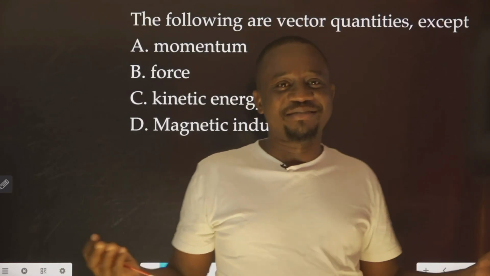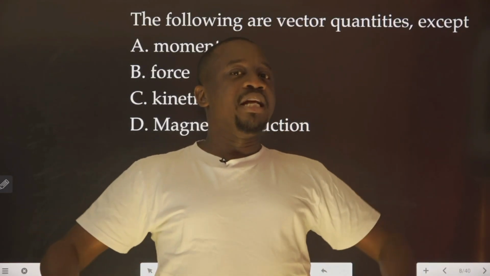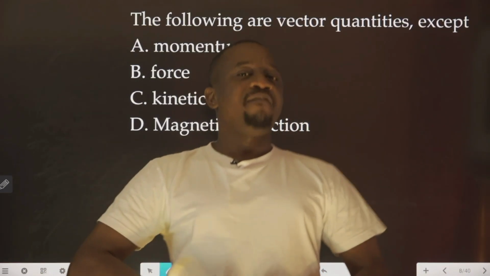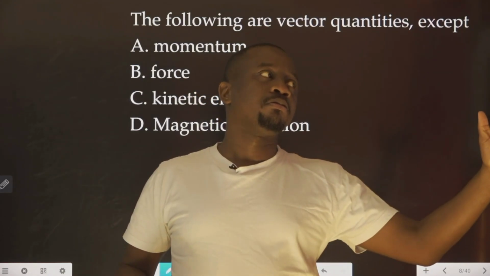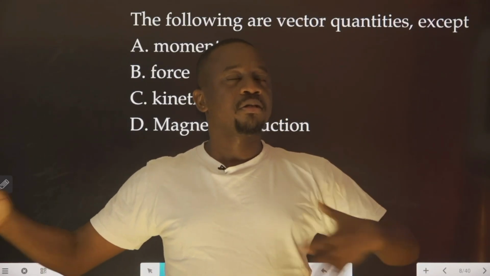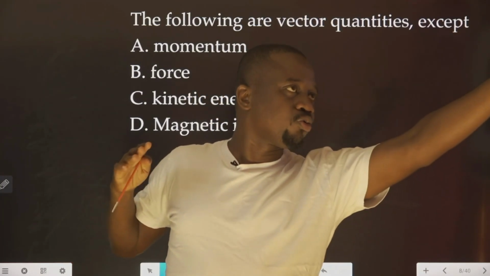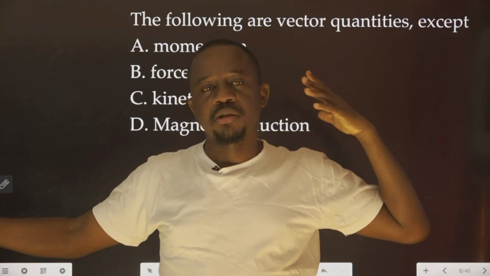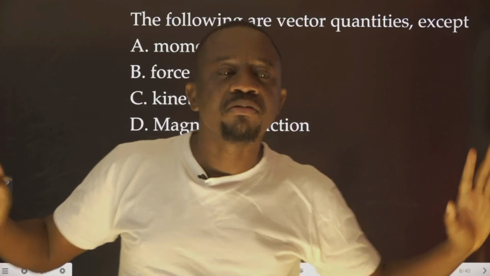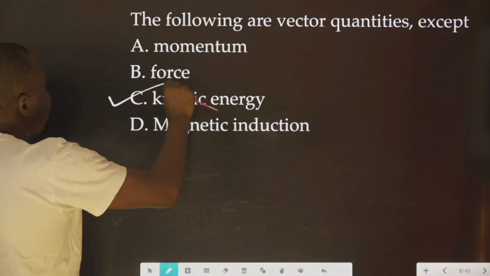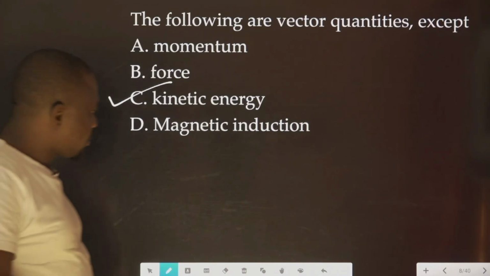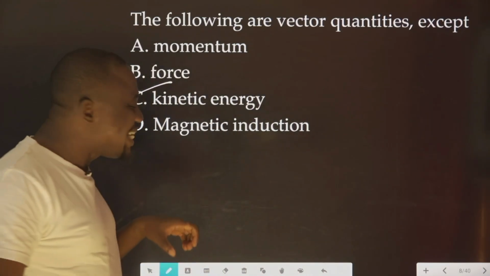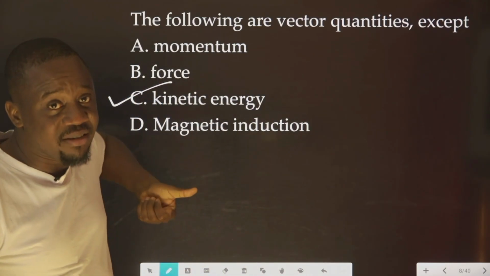Energy is just energy. Energy, power, whatever. You cannot tell me that my energy is in the north, west, southwest, or northwards or southwards. It has no direction. So, without wasting our time, it is C. C is the answer. This one too, magnetic induction, has direction.